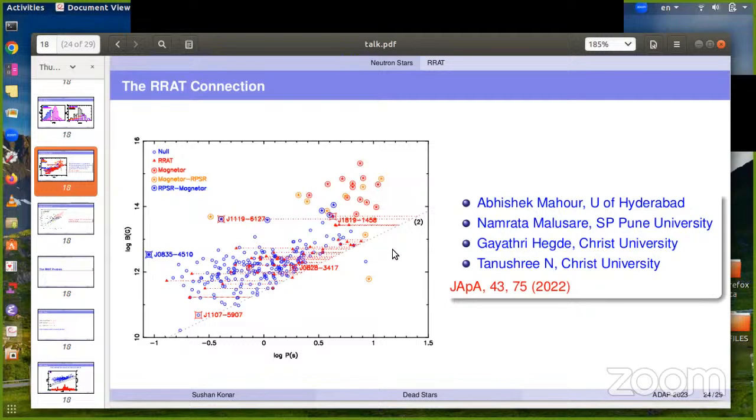Intrinsically, if you look at these X-ray bursts and you calculate the X-ray luminosity, you have an idea of the total energy radiated per time from that object.